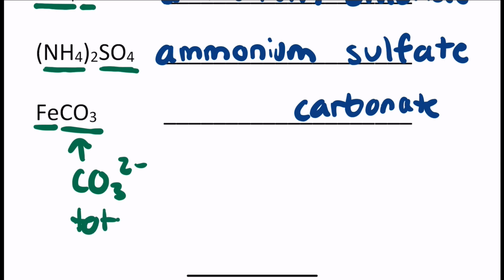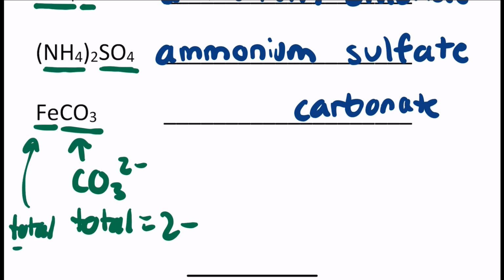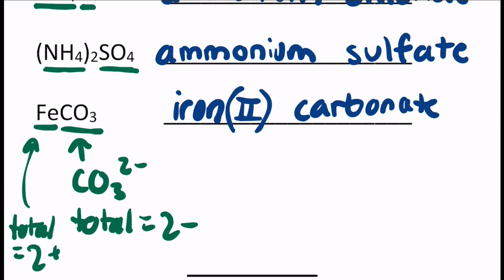Since there's a single carbonate, the total negative charge is 2 minus, which means the total positive charge must be a positive 2. Since there's only a single iron ion here, that iron ion must have a positive 2 charge, which means that the name of this compound is iron(II) carbonate.